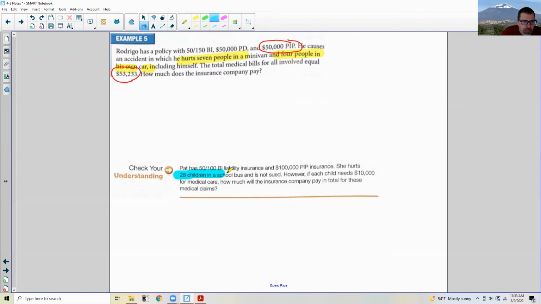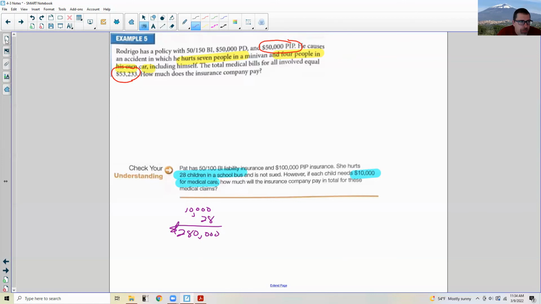If each child needs $10,000 for medical care, that would be $10,000 times 28, which would be $280,000. How much will the insurance company pay in total for these medical claims?